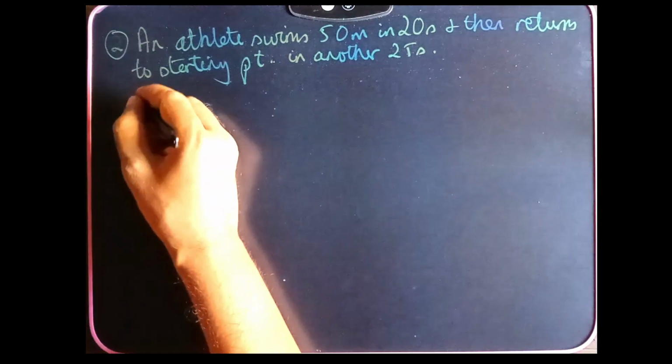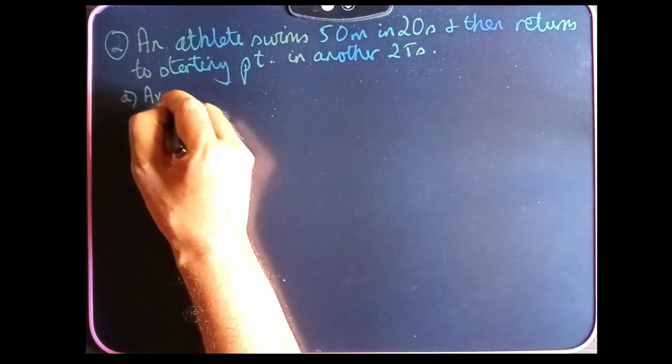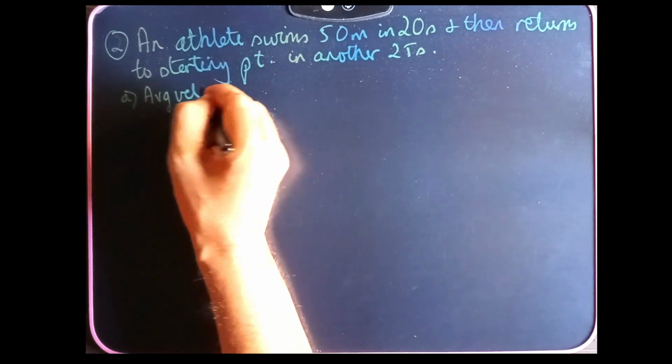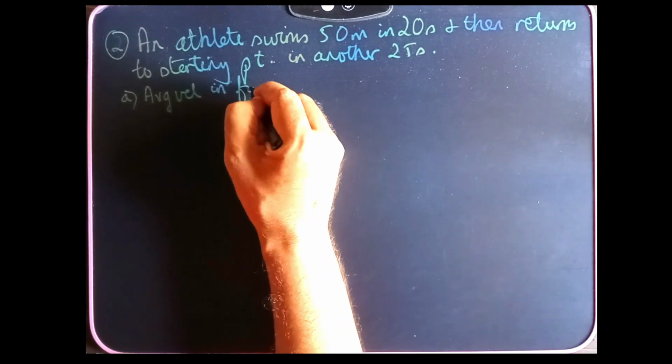So you have to find, the first question is average velocity. What is his average velocity in the first half?